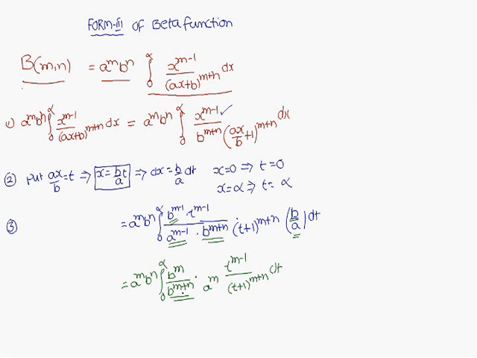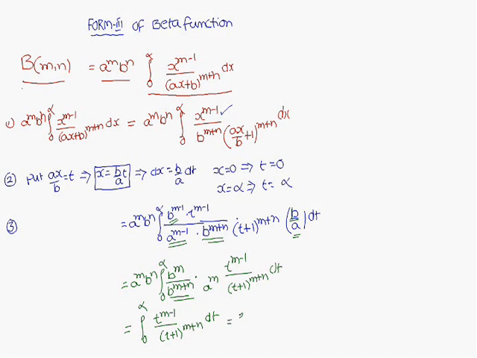Here you are left with the denominator b^n, since b^m by b^(m+n) leaves b^n. So b^n and a^m, these two will get cancelled. You are left with integral 0 to infinity t^(m-1) by (t+1)^(m+n) dt.